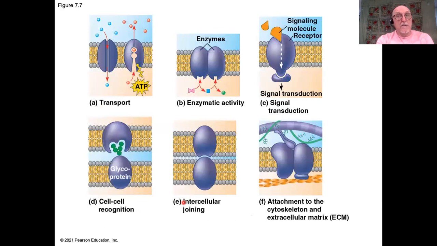So here are the principal functions of these transmembrane proteins. The first is, and we'll think about this in some considerable detail, because this is one of the most significant of all of the functions of these membrane proteins, and that is in transport.